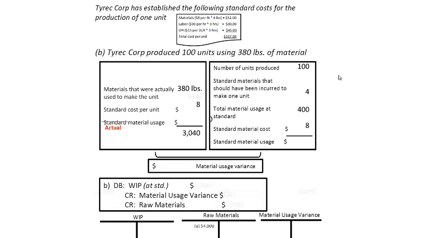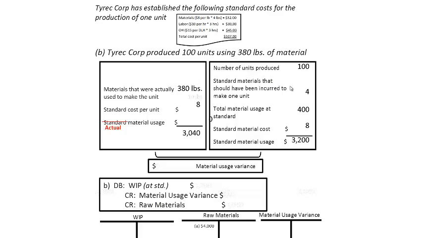We know that according to our bill of materials at the top, we should have used 4 pounds of material for each unit we built. So we take the 100 units produced times 4 pounds per unit. They should have taken 4 pounds apiece. Our total material usage now is 400 pounds at standard.